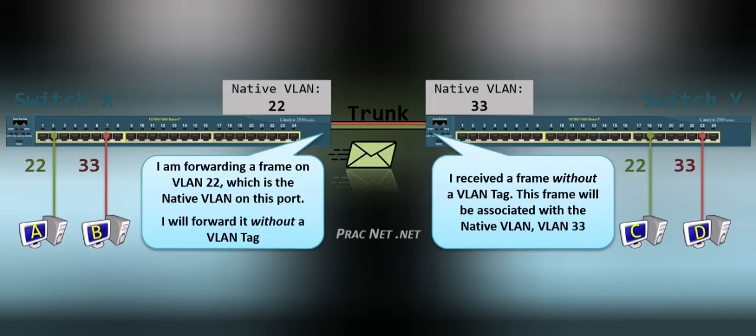On the other hand, if the packet is sent from a workstation that is part of a non-native VLAN, then the packet must be tagged with the VLAN ID. This tagging and untagging allow the switch to recognize and differentiate among the packets. So to make it easy, a native VLAN will be untagged, and a non-native VLAN will be tagged.